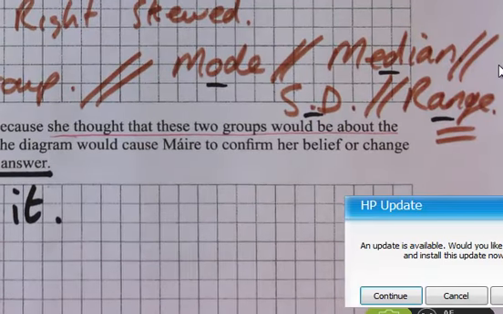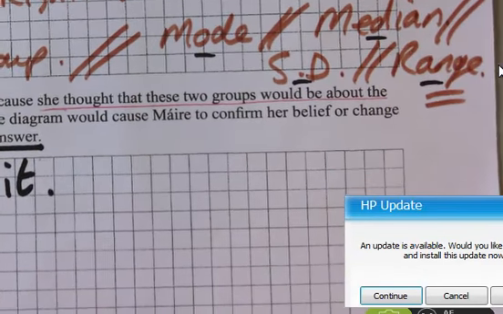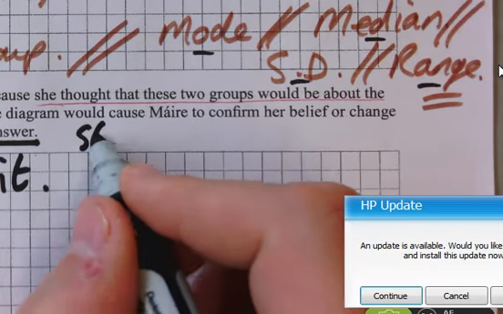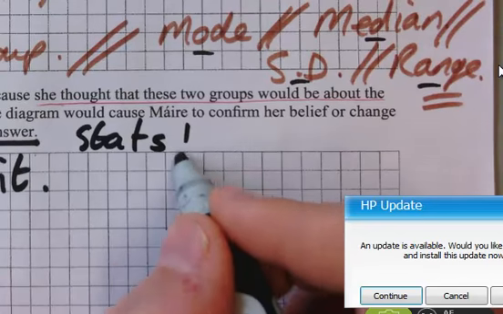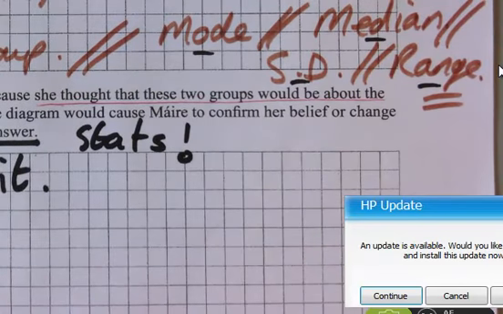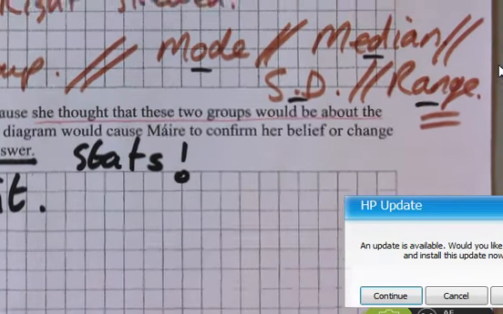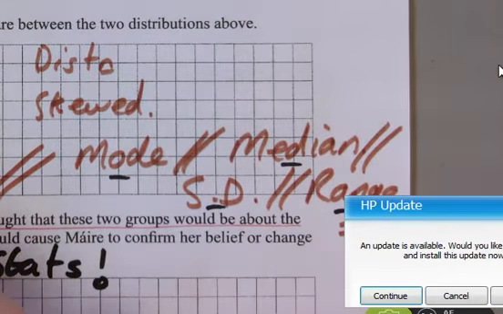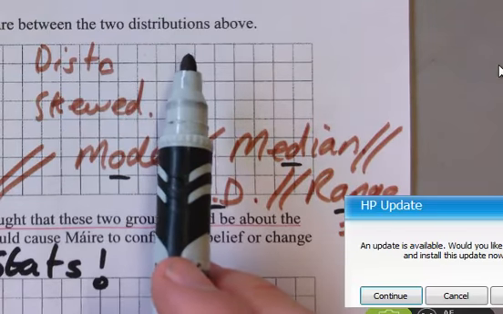Remember, when they want reasons for an answer, they want something statistical or mathematical. They don't just want a general run-of-the-mill answer. What's required there is, you've looked at, describe what differences, if any, there are between the two distributions.